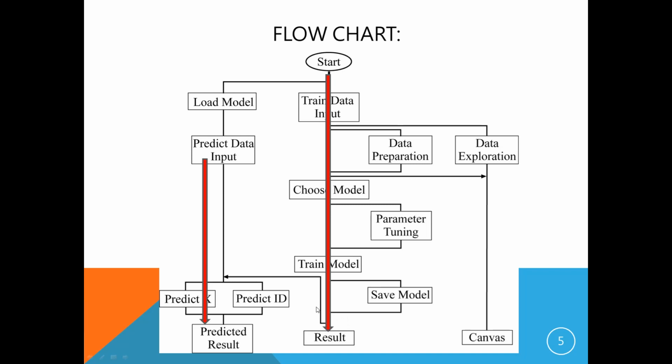In the second route, we add the predict data input, predict y, and finally get the result projected.